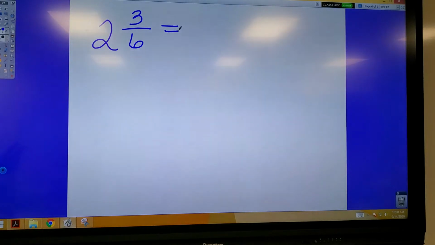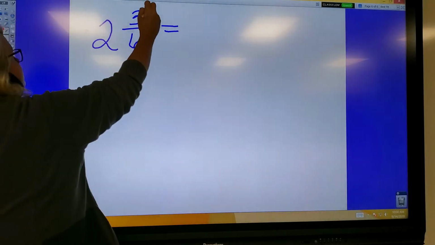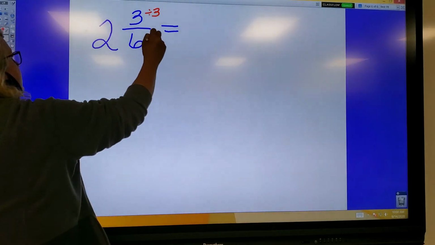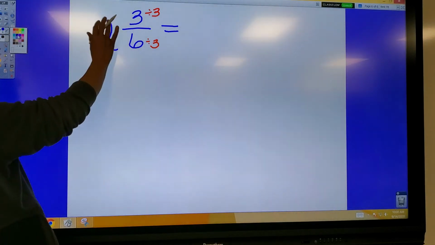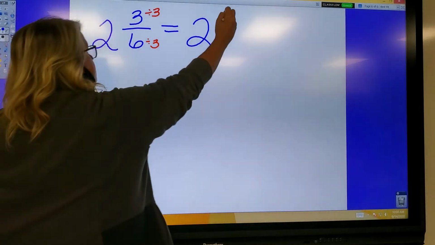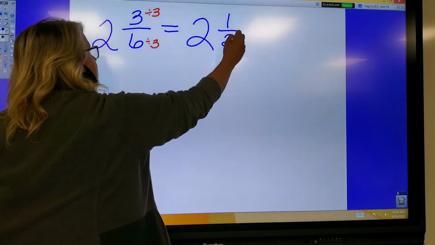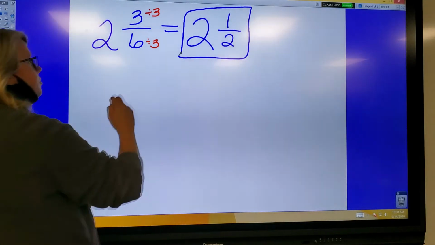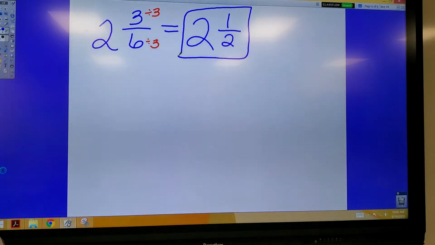Anyone want to tell me what their answer was? 2 and 1/2, very good. So 3 and 6 can both be divided by 3. Remember we said our whole number is going to stay a 2, and 3 divided by 3 is 1, 6 divided by 3 is 2. So 2 and 1/2 would be my simplified fraction.